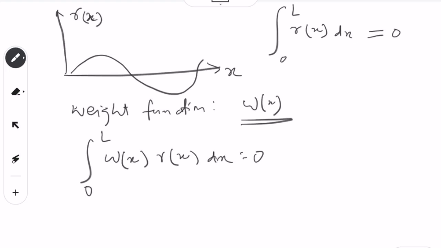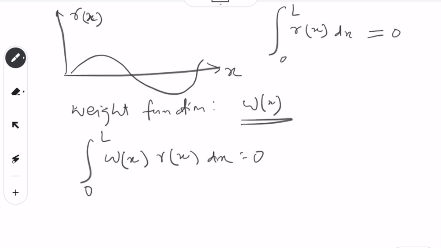You can choose the weight in such a way that you find a better fit, meaning that where u is supposed to be maximum, there you can have maximum weight, so that the error of u reduces. You want to reduce the error of u rather than the error of the residual.